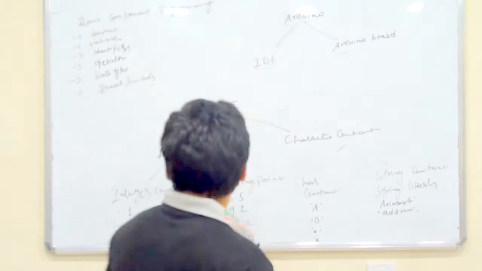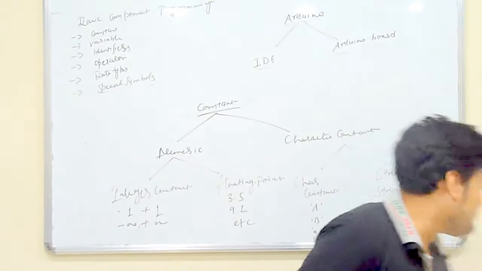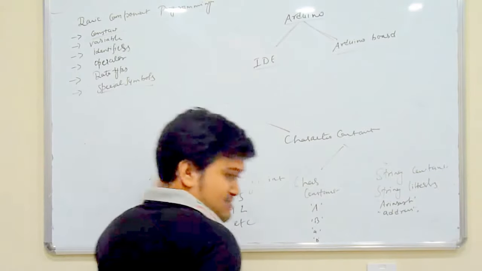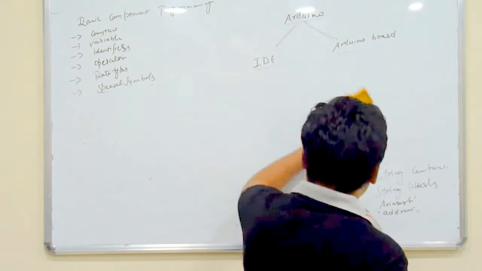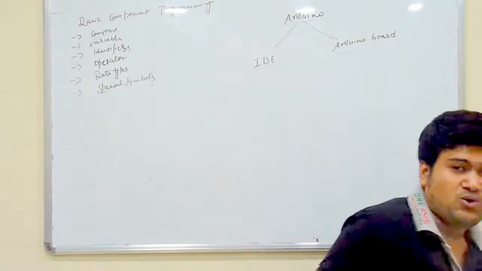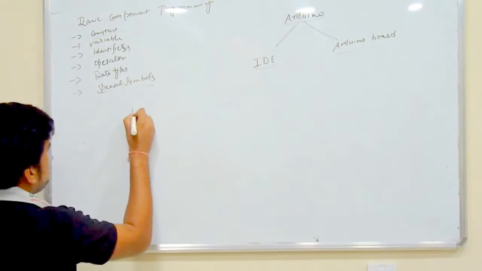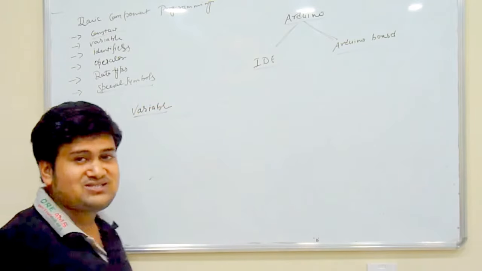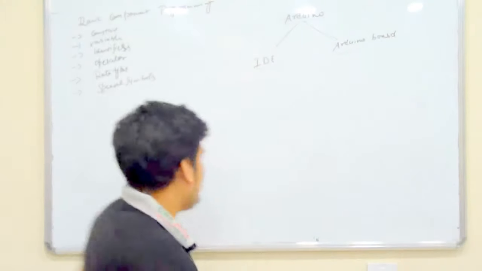Now the second one we are going to study is the variable. The next term we are going to study is what a variable is. A variable is just the inverse of a constant.